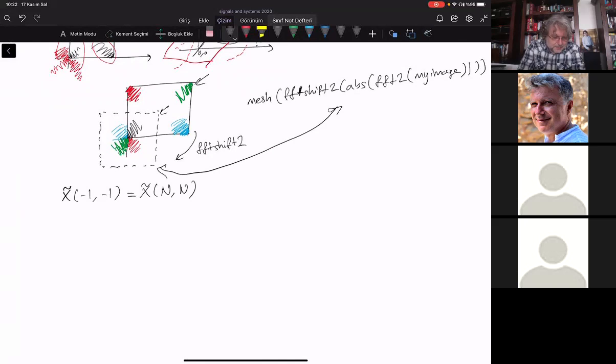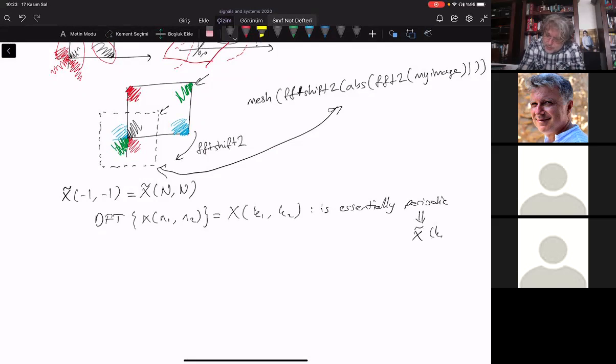The DFT of x of n1, n2, which could be noted as capital X of k1, k2, is essentially intrinsically periodic, and the periodic extension of that is what I call capital X tilde of k1, k2, and that's what I am using at this point. Okay.